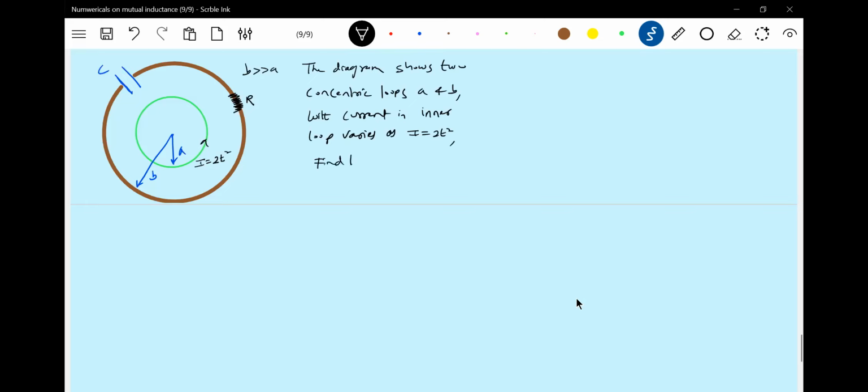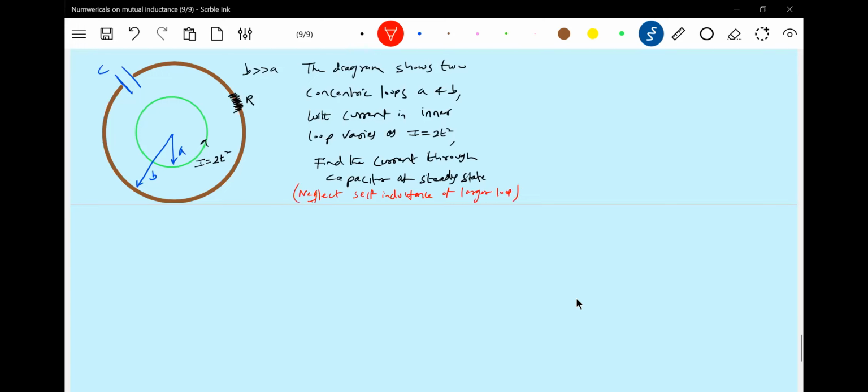Find the current through the capacitor at steady state. One instruction: neglect self-inductance of the larger loop. Now carry on.